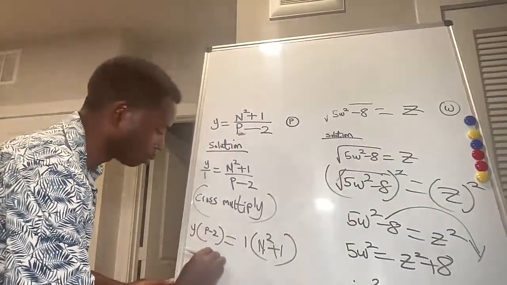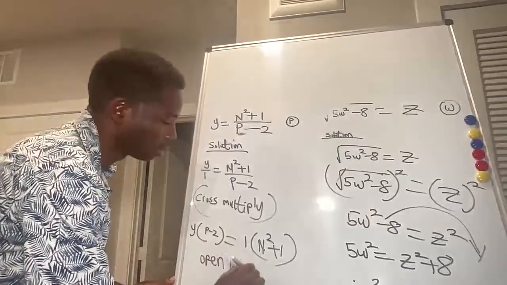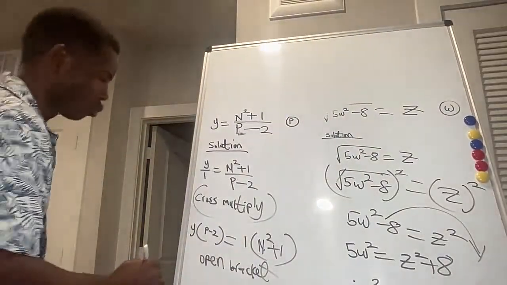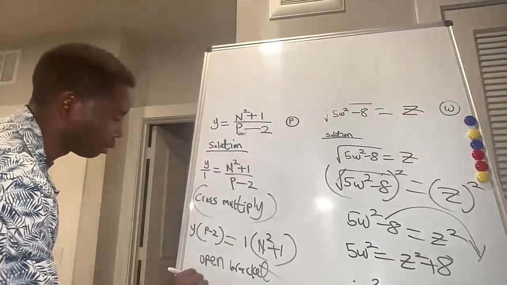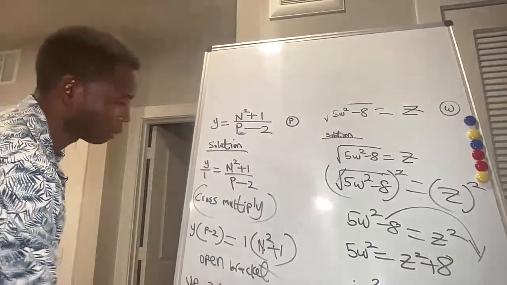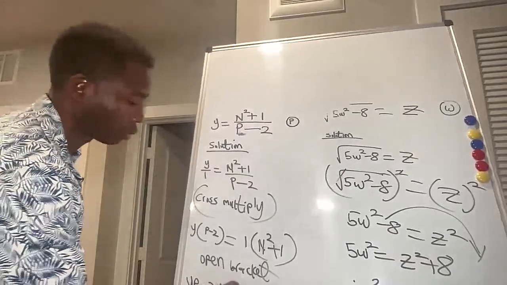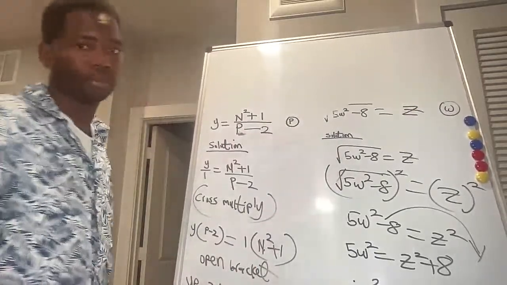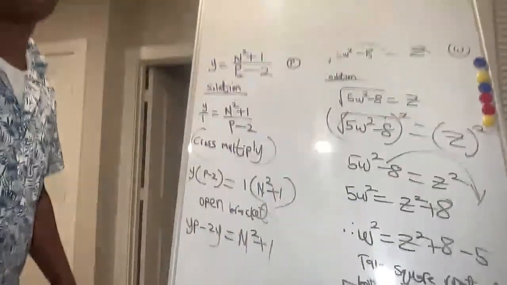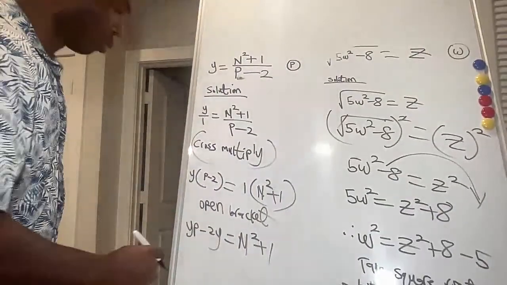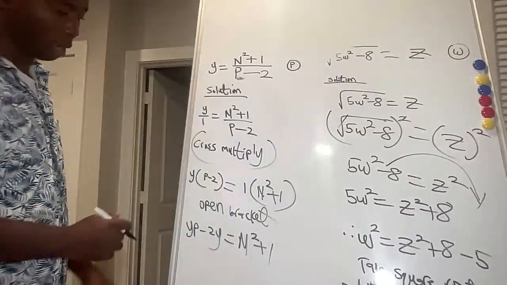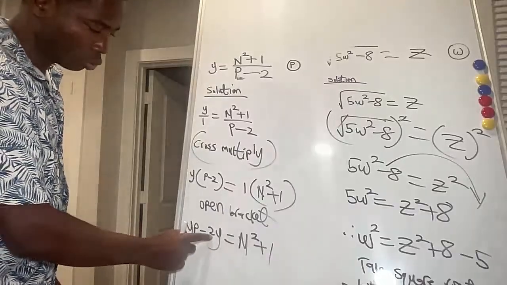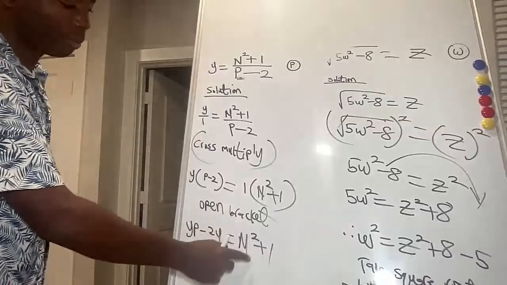Then let's open the bracket. So we have yp minus 2y is equal to n squared plus 1. We are making p the subject of the formula. Look at 2y, there's no p. Look at n squared plus 1, there's no p.